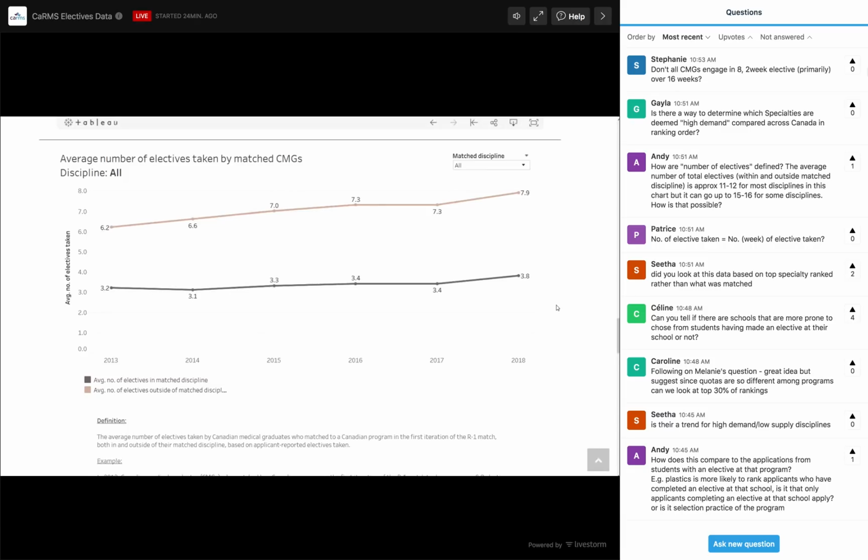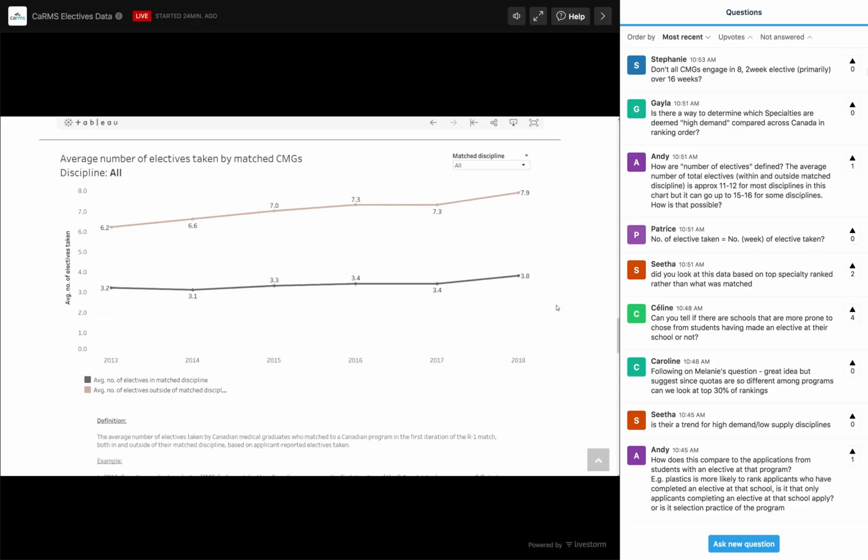Yeah, I can't give you a definitive answer as to whether or not that's the case. Maybe somebody else can. But what we're reporting here, and I should have mentioned this right at the top, is electives as captured in the Canadian Medical Graduates applications.